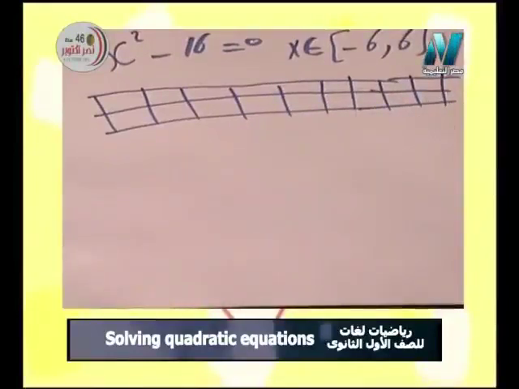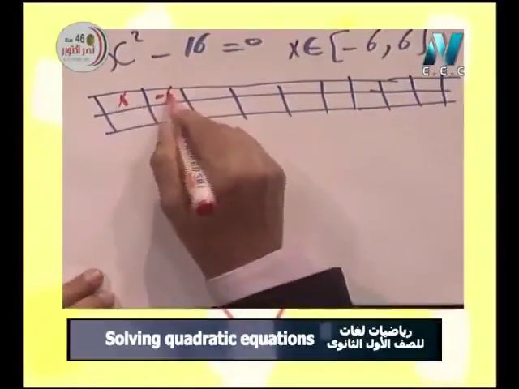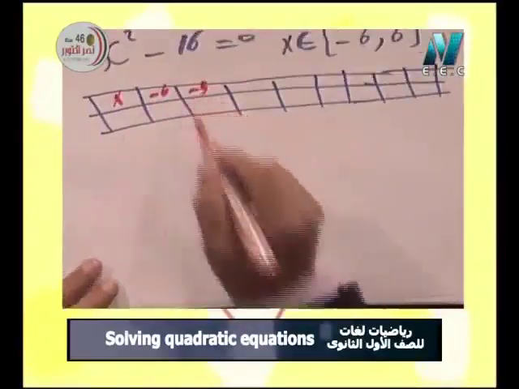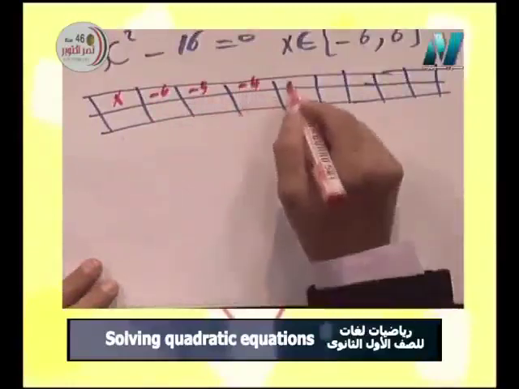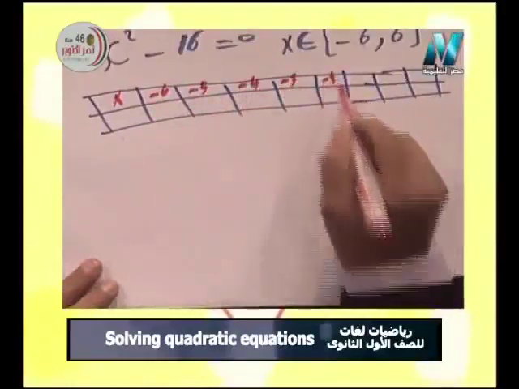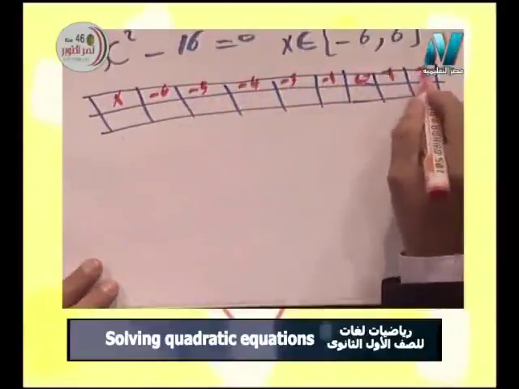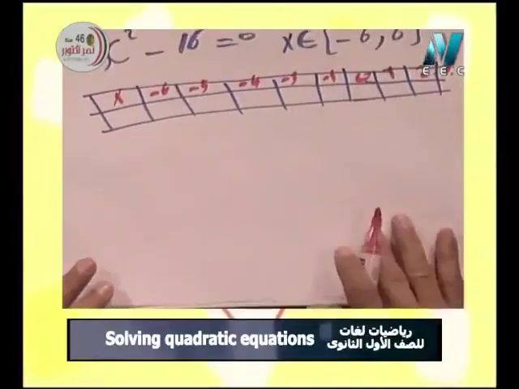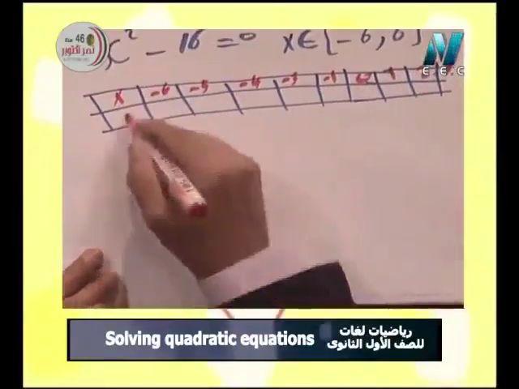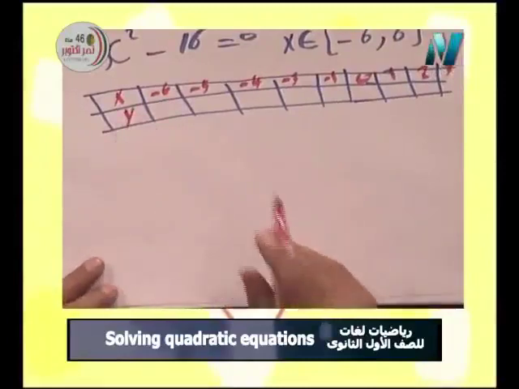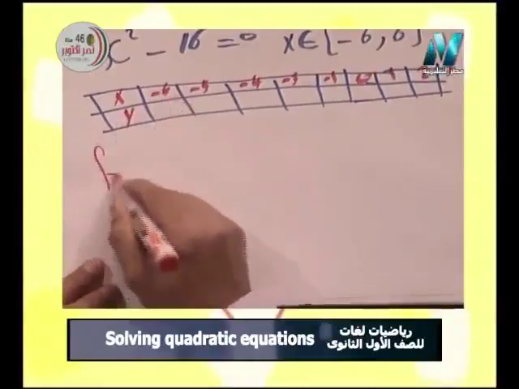X will be negative 6, negative 5, negative 4, negative 3, negative 1, 0, 1, 2, 3, and so on to 6. Y, which is the function. We have the function here.